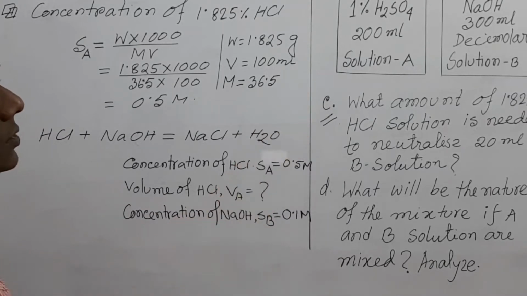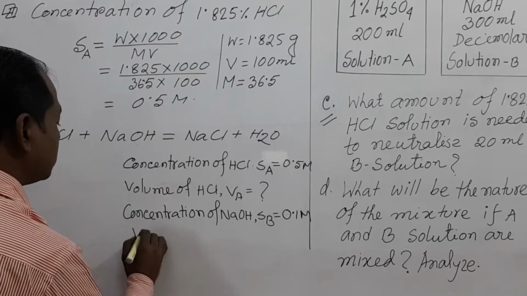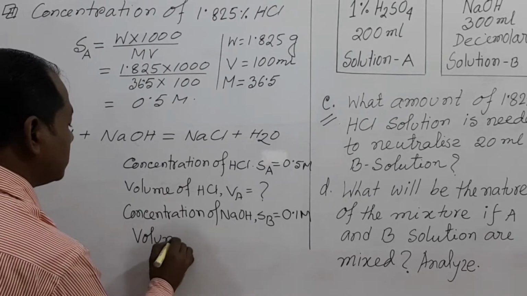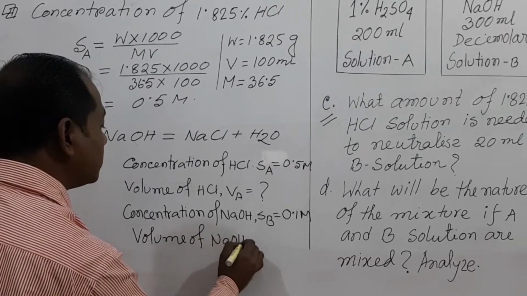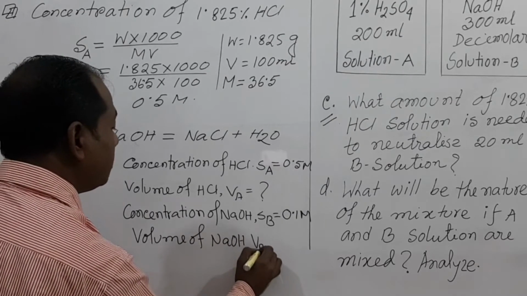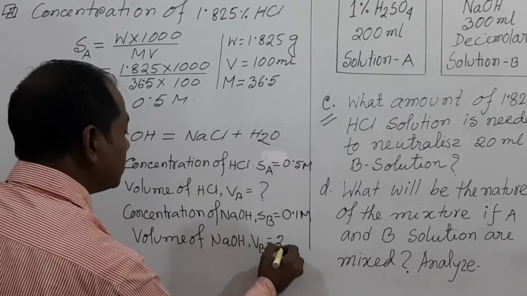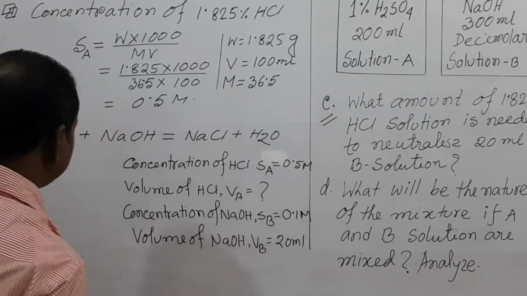Because the given concentration of sodium hydroxide, that means B solution, is decimolar, and volume of sodium hydroxide, that is VB, equal to 20 ml.